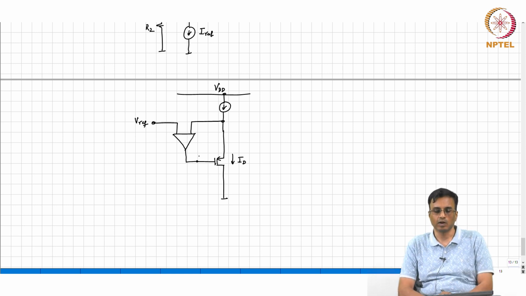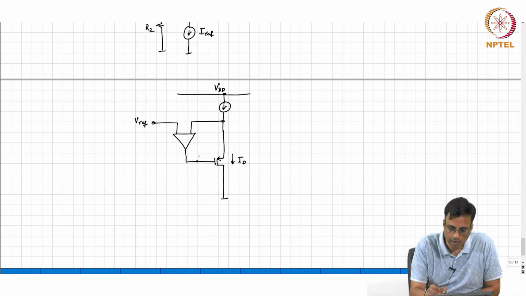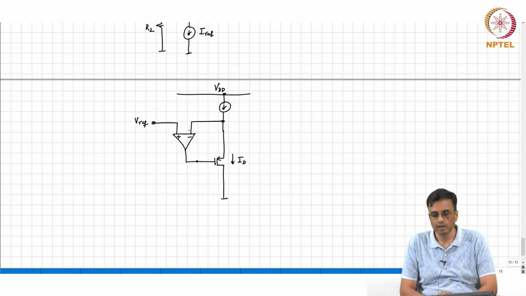And what must be the signs on the op amp? Plus at Vref, minus at.